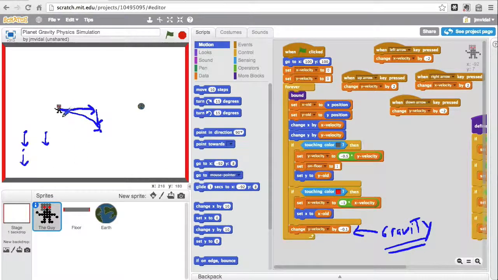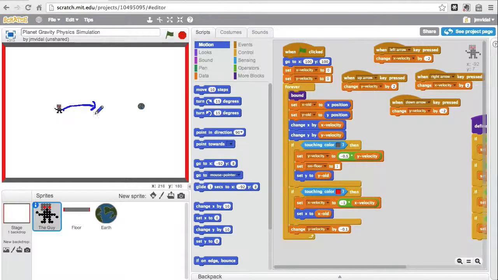But now he's in space. So what's going to happen is gravity doesn't necessarily pull down. Gravity is going to pull towards Earth. So if he's here, gravity is going to pull here. But if he was down here, gravity is going to pull here. If he was up here, gravity is going to go in this direction. But really, that's the only change we need to make. We just need to change the direction of gravity. Then we can just add it right here.